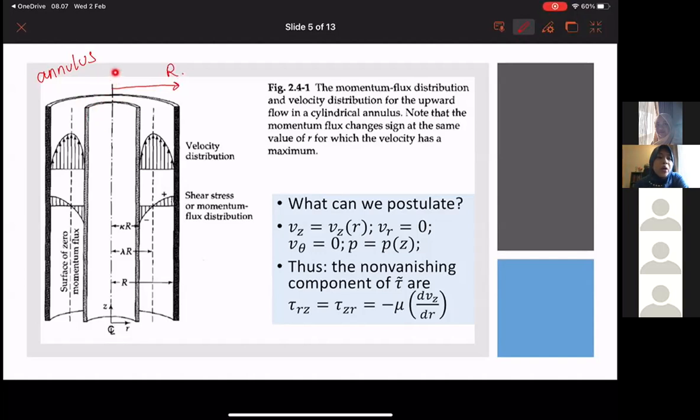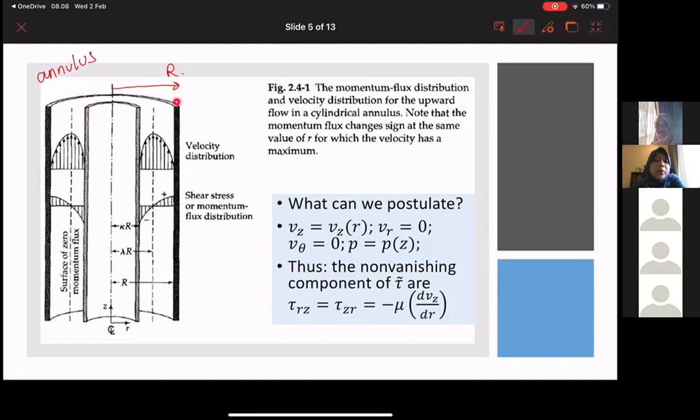Coaxial means they have the same axis, a similar center. Between these two cylinders there is fluid flowing, in this case upwards. A very famous example of an annulus is the double pipe heat exchanger.